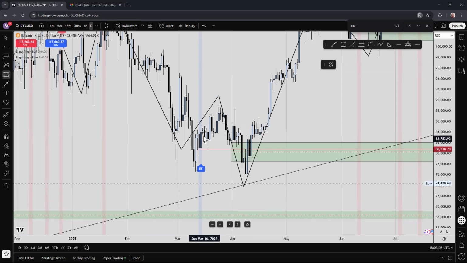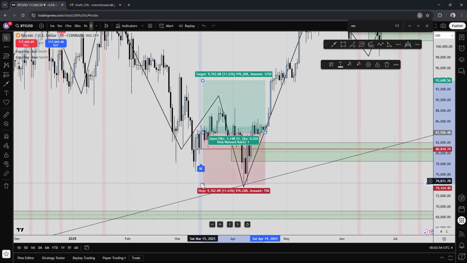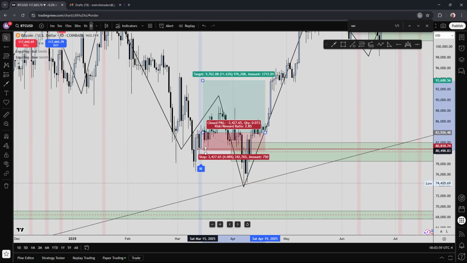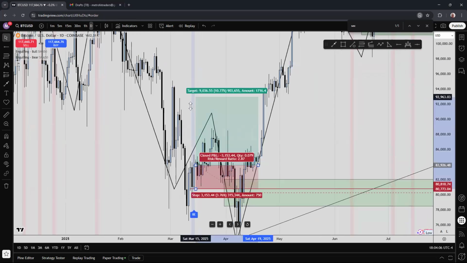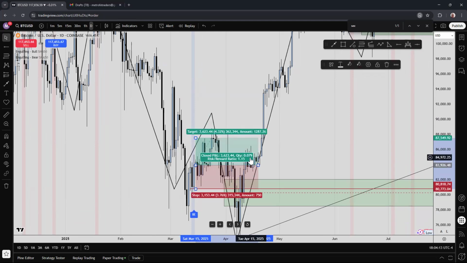Do a long position. We got in right here. We put our stop loss below the bullish engulfing candle. And you probably would have gotten something like a 1 to 1.5. So right there, if you were paying attention to the candles before it pulled back, you could have got a small little profit right there.